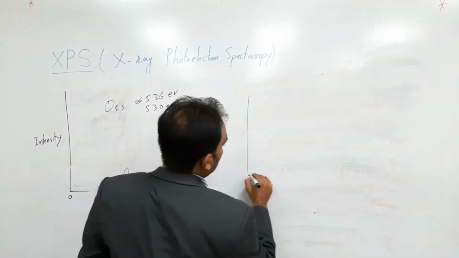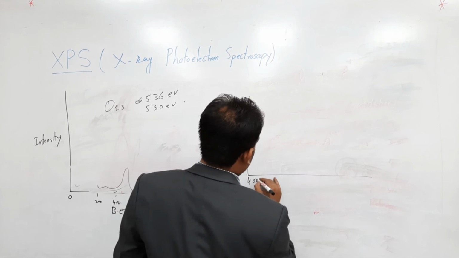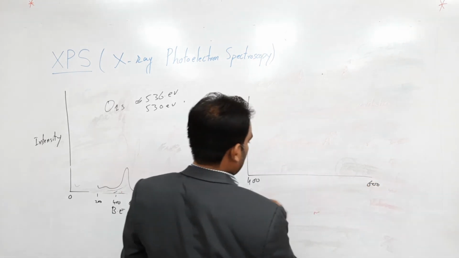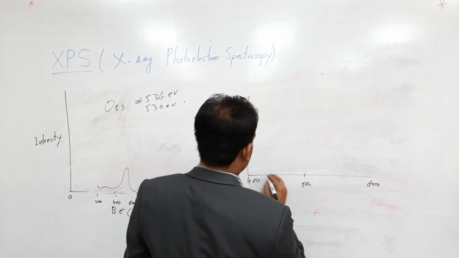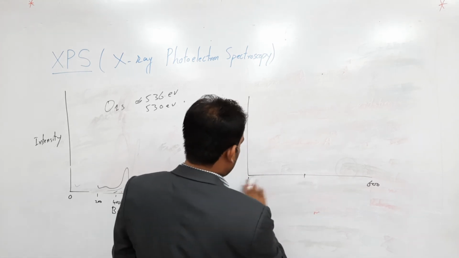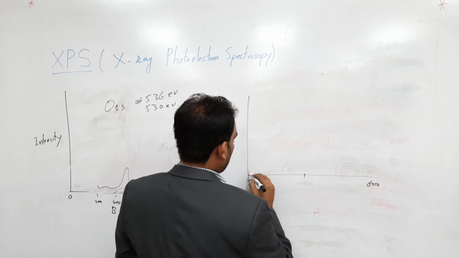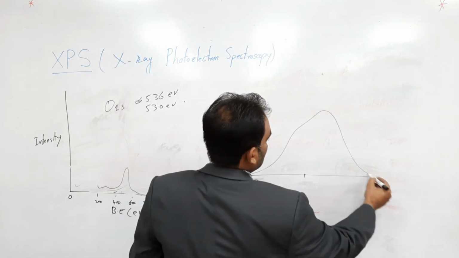Now you have to deconvolute this part, 400 to 600, or here you have 500.